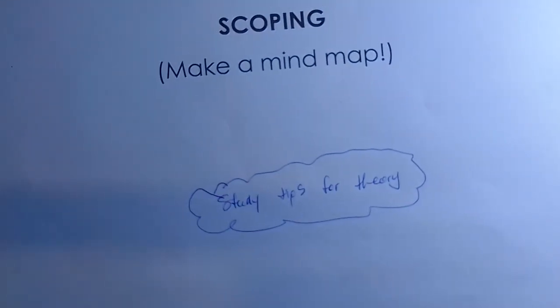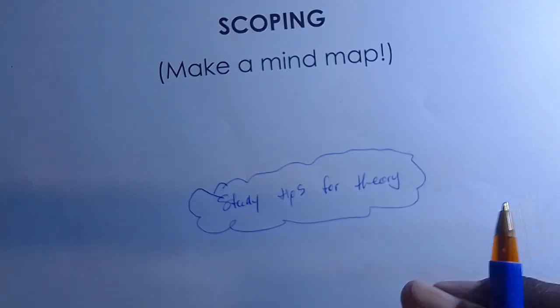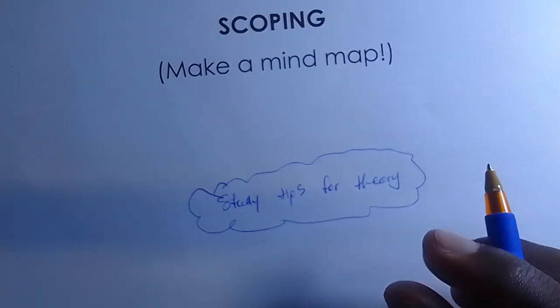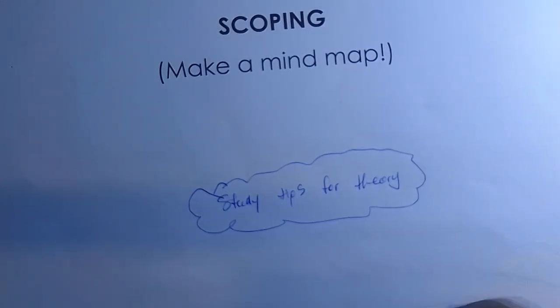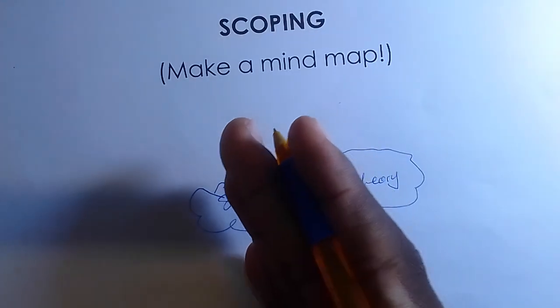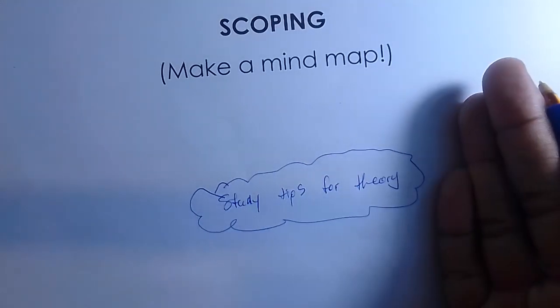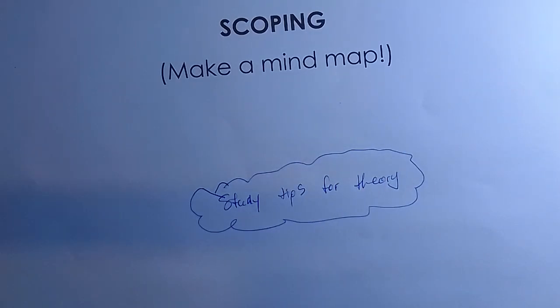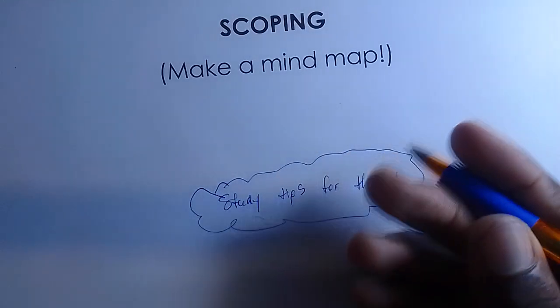But the study tips for theory are just one branch of study tips. There's study tips for maths, there's study tips for a mixture of application and theory, there's study tips for accounting, there's different study tips.